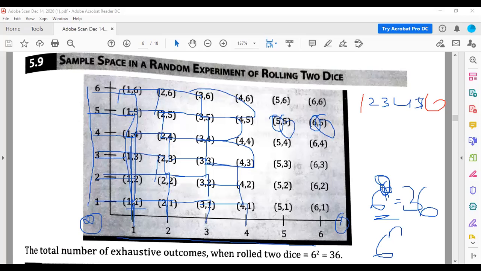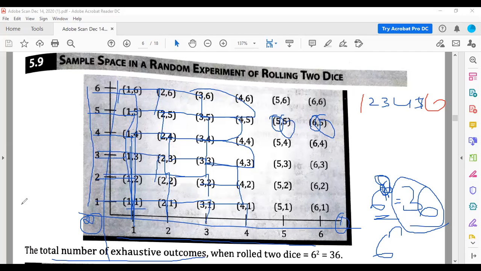Even if you count here, 1, 2, 3, 4, 5, 6, 6 like this and 6 like this, it is 36. So you will get overall 36 outcomes when you roll 2 dice. So the total number of exhaustive outcomes is 36.